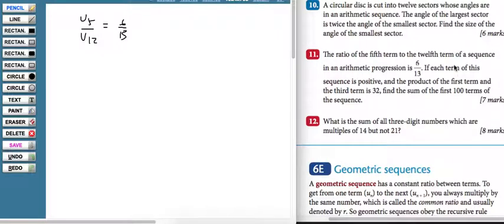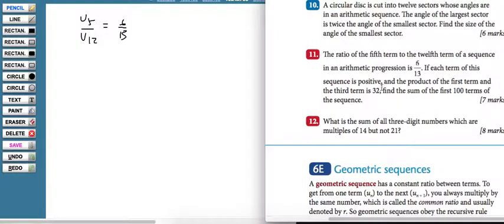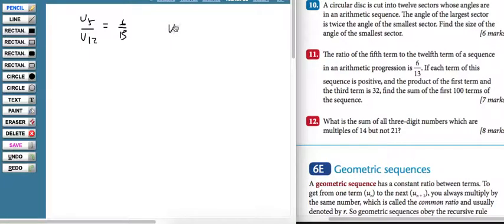And another piece of information we're given is that each term of the sequence is positive, so we're going to use that when making restrictions. And we're also given that the product of the first term and the third term, u1 times u3, is going to be 32.